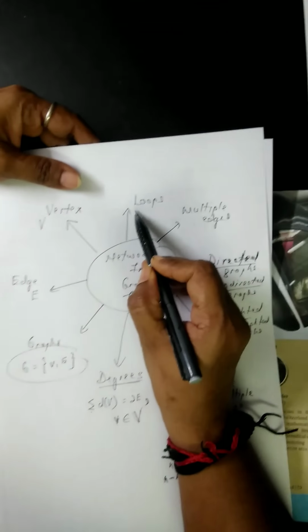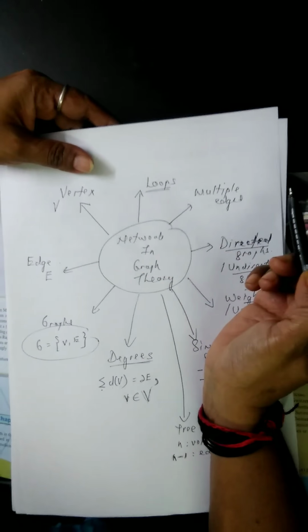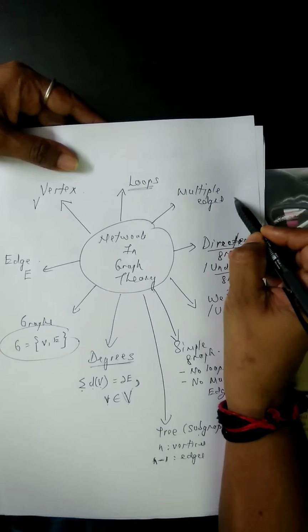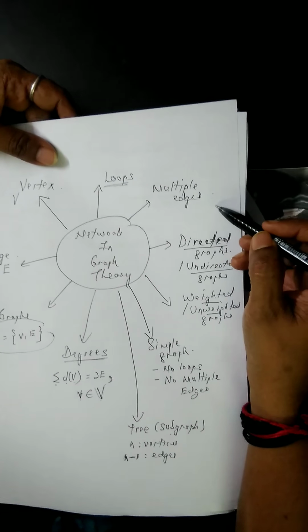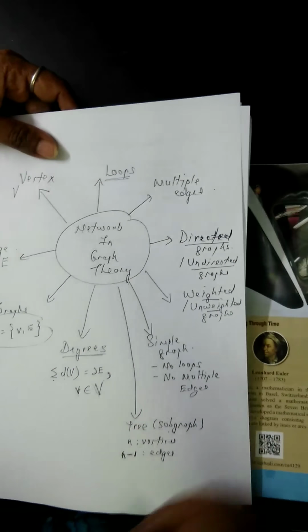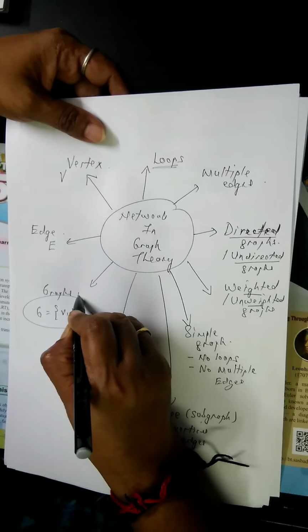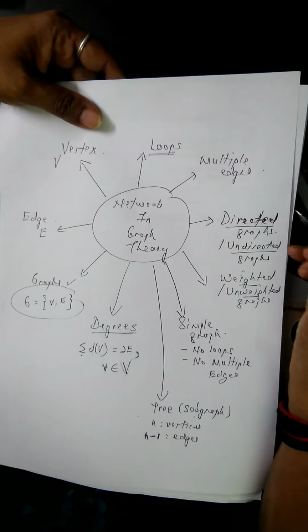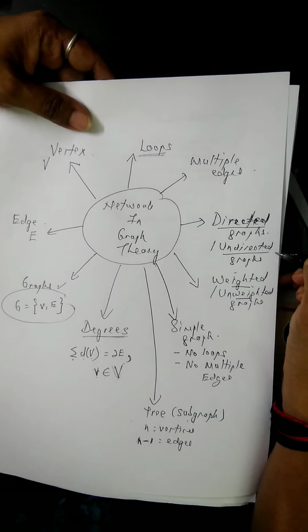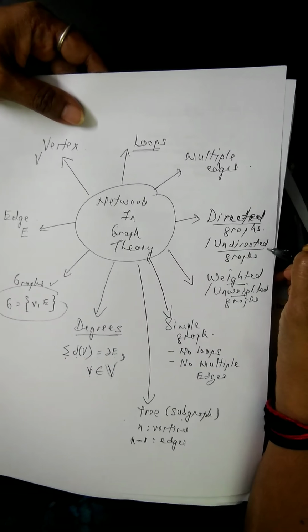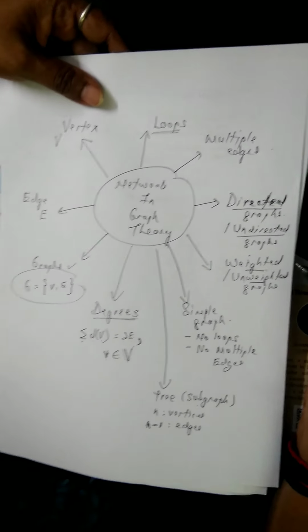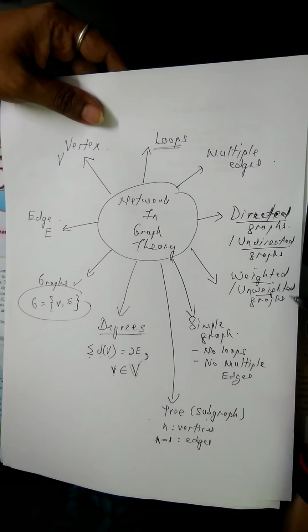a loop. You must know what a loop is. Multiple edges. What are multiple edges? Since we have looked at graphs, we need to know what a directed or an undirected graph is. Next is weighted or unweighted graphs.